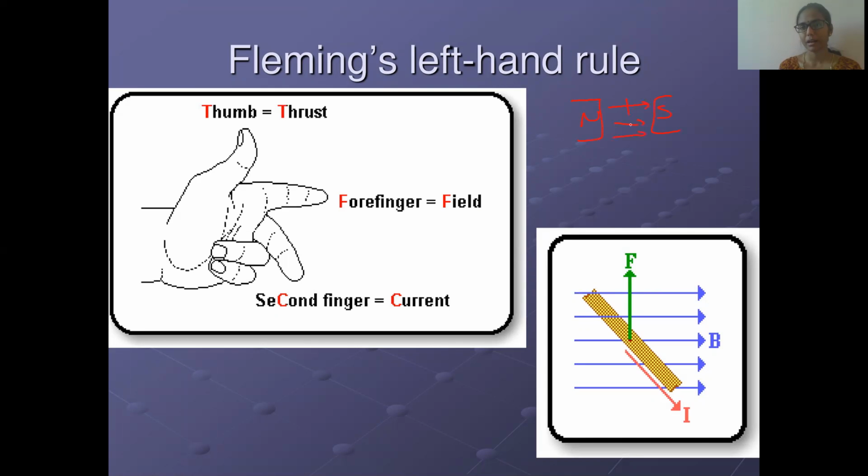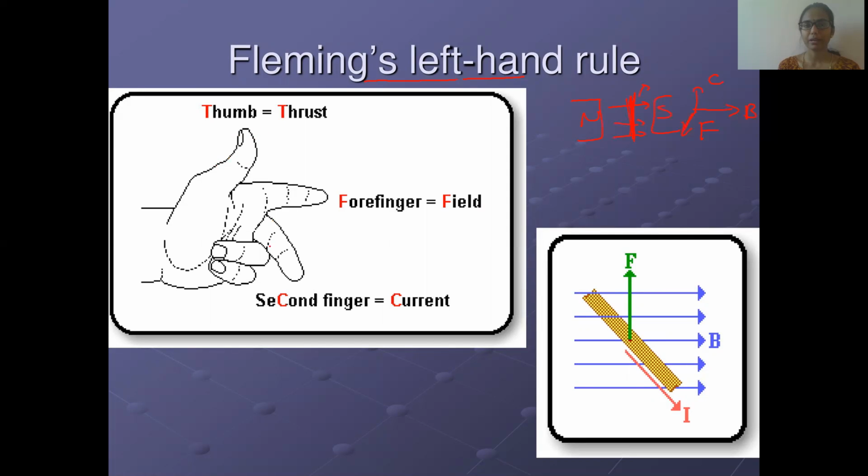When you place a coil here, the coil is going to move, right? How will it move? The magnetic field and current are in perpendicular directions, and mutually the force on the conductor will act. That we understand using Fleming's left hand rule. In the last class also we discussed Fleming's left hand rule.